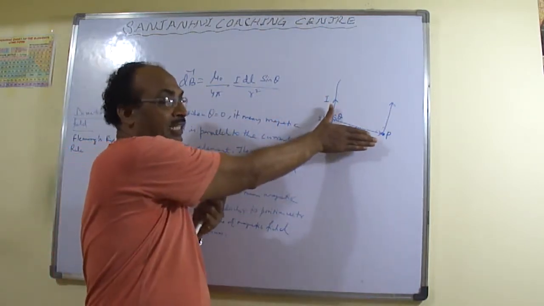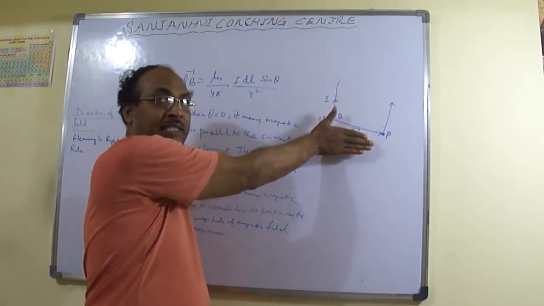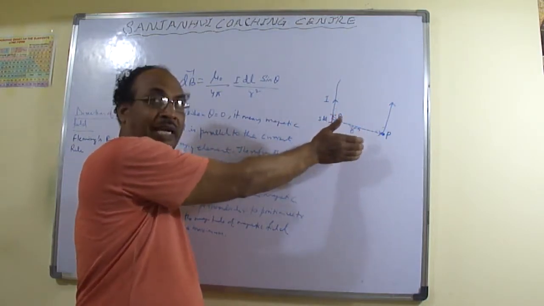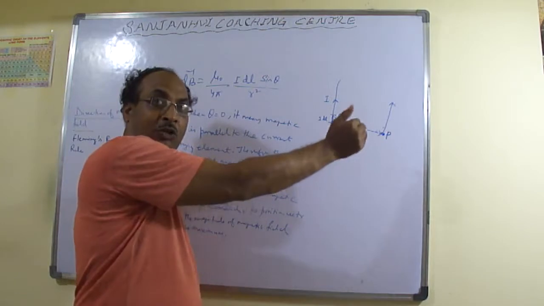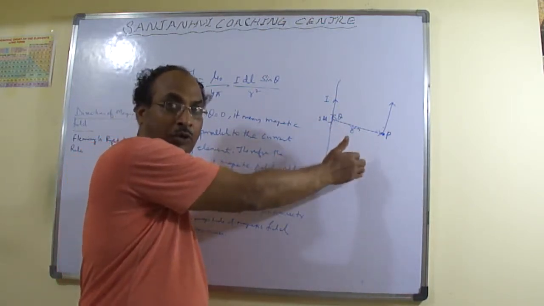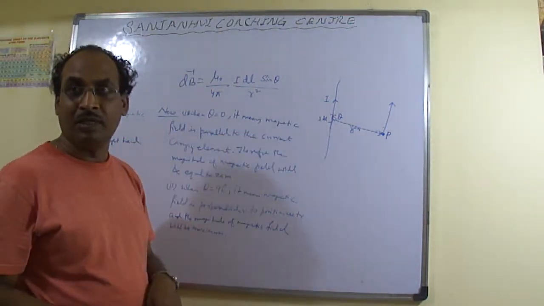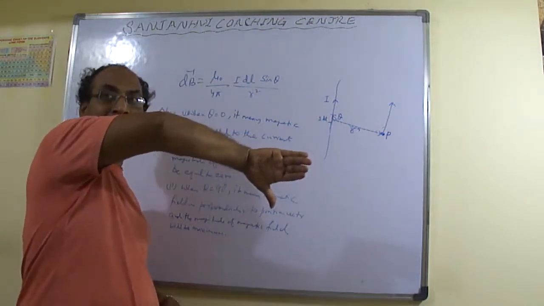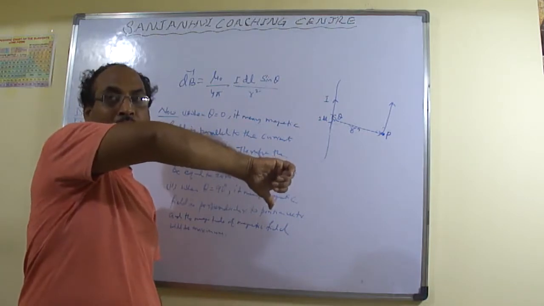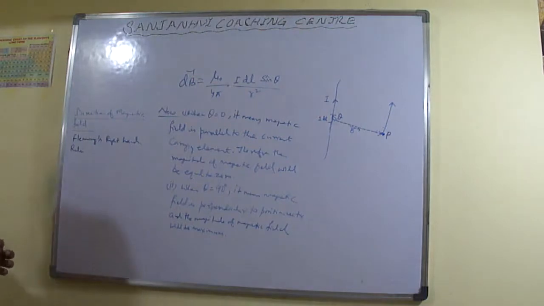If the current is moving upward and r is in this direction, and you make the curl of the fingers, it shows that the magnetic field is into the plane of the board. If current direction is reversed, then it will be out of the plane of the board. Okay, understood now? Go ahead.